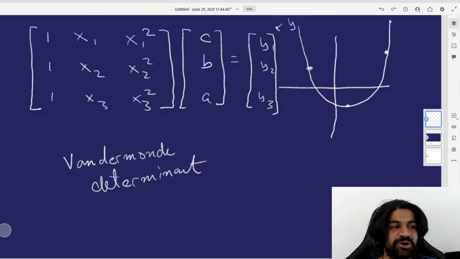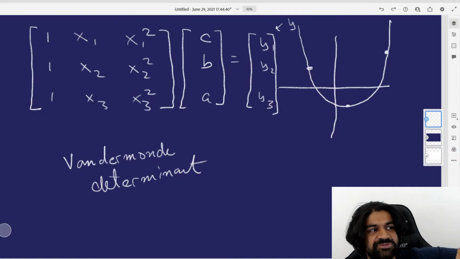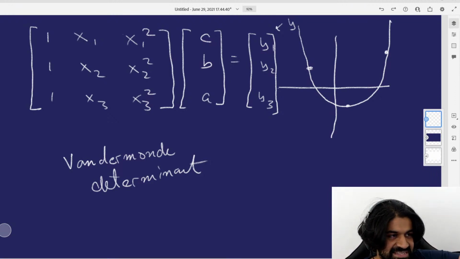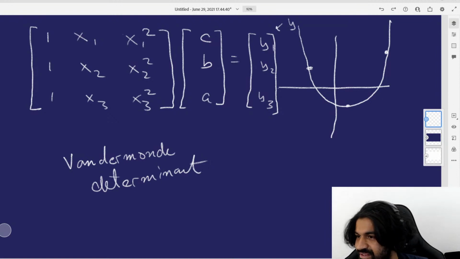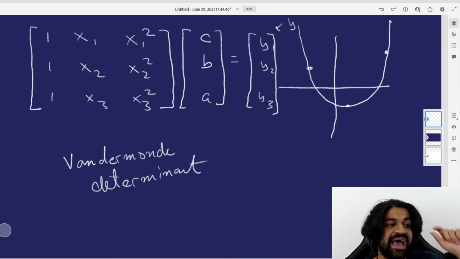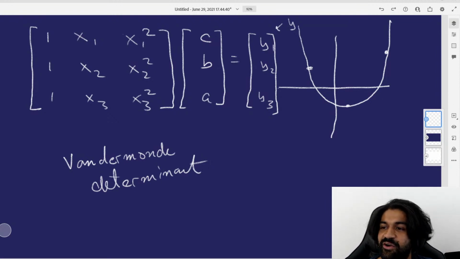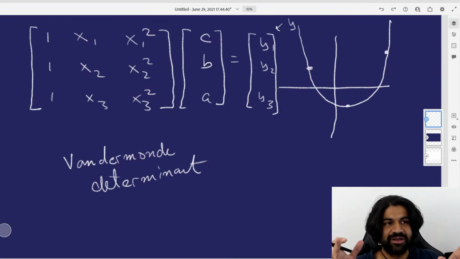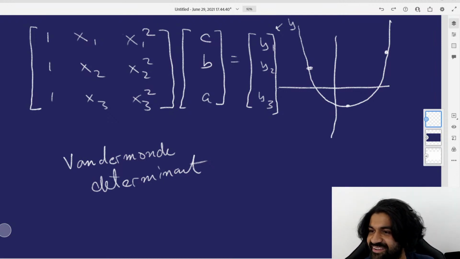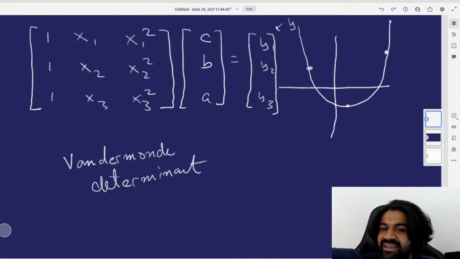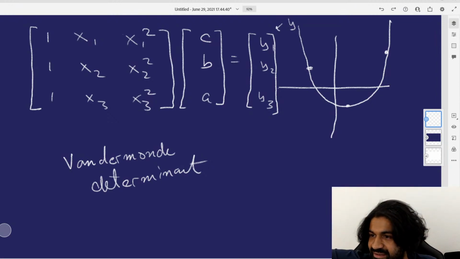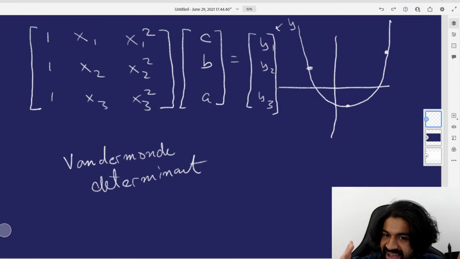And what I'm going to show to you is that as long as x1, x2, and x3 are all different, this will be an invertible matrix. In other words, its determinant is not going to equal 0. Okay? So as long as x1, x2, and x3 are different from each other, we should be able to find a unique quadratic or cubic or whatever. Like I said, these arguments work in any degree you want to do them in. Okay?